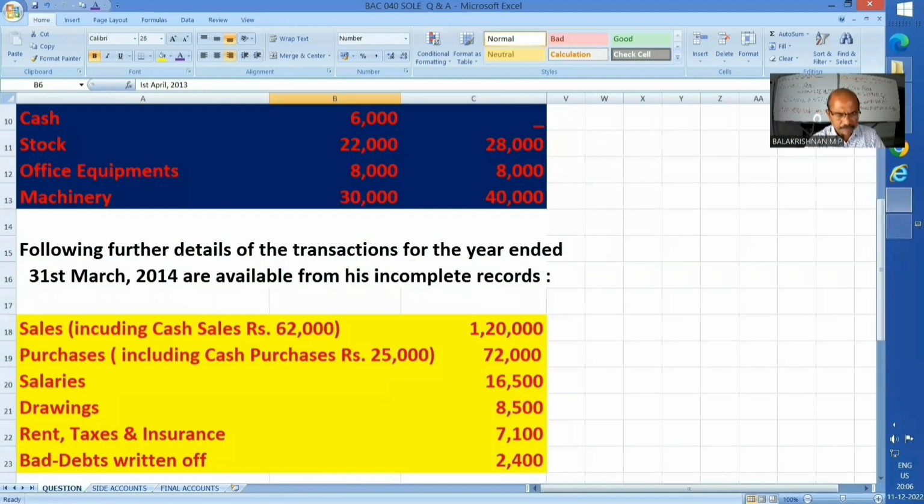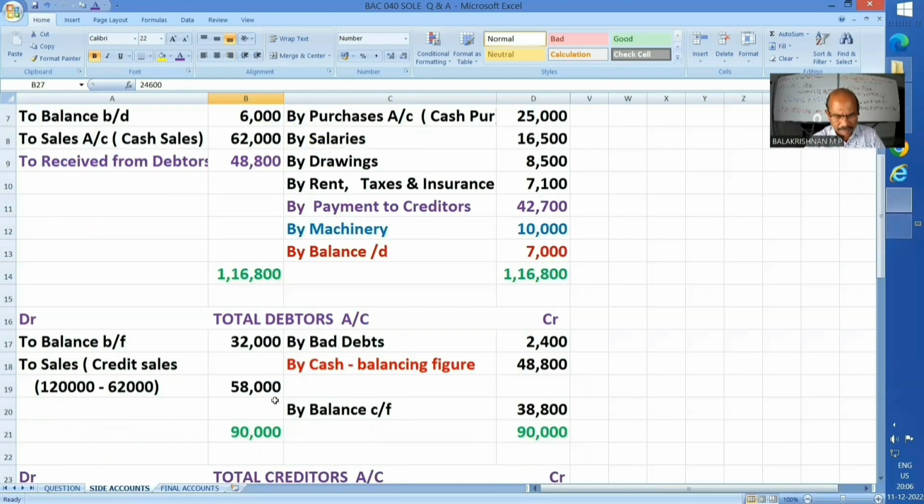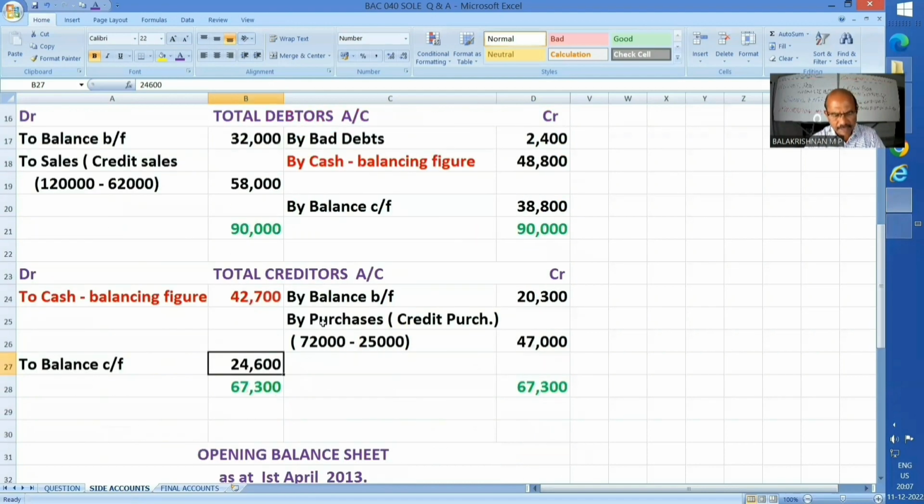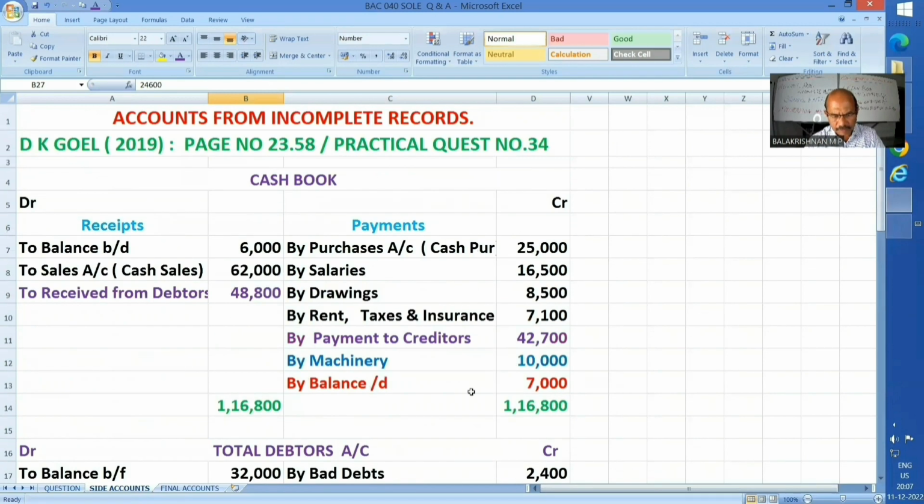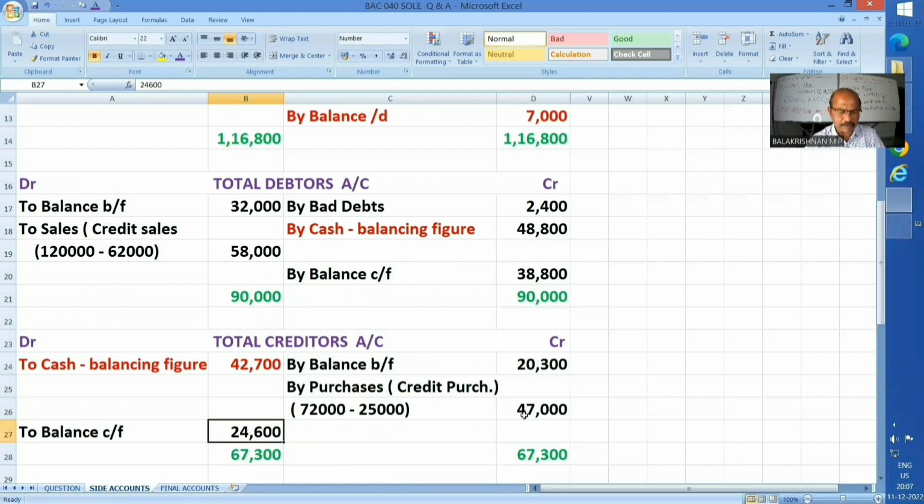Now, that being the case, the difference in amount is the credit transactions, credit sales as well as credit purchases. Total debtors' sales, credit sales, the difference: 1,20,000 minus the 62,000, that is 58,000. Similarly, creditors 72,000 minus this 25,000 cash, that is 47,000.